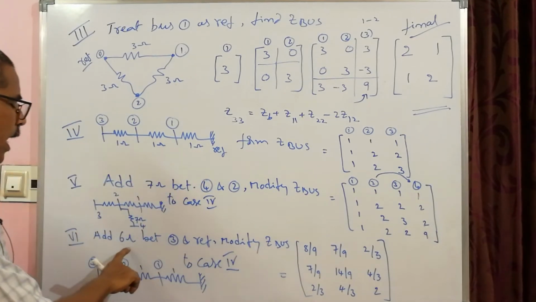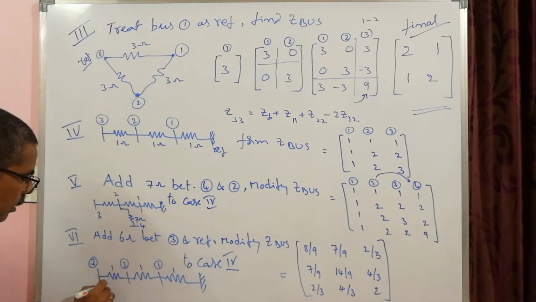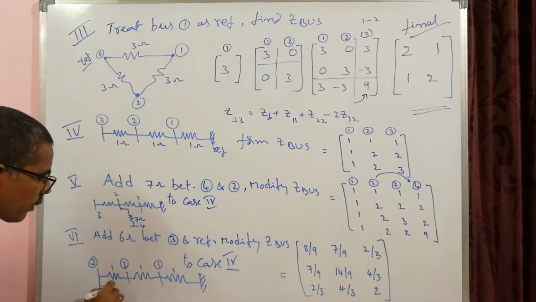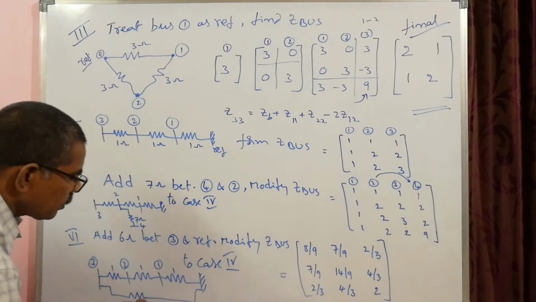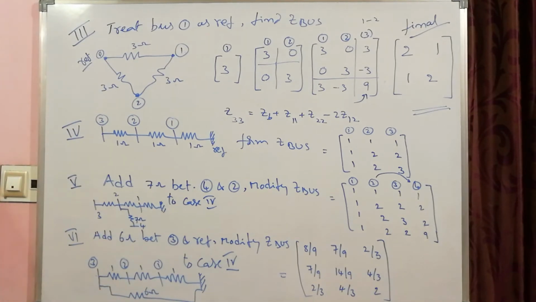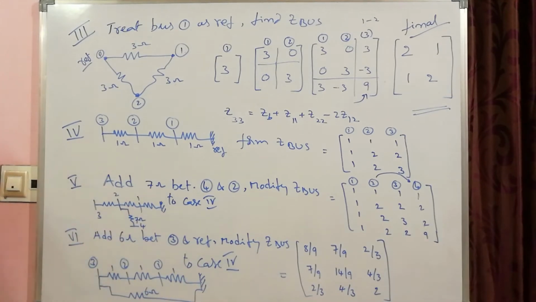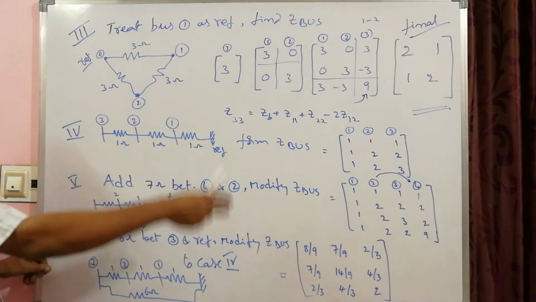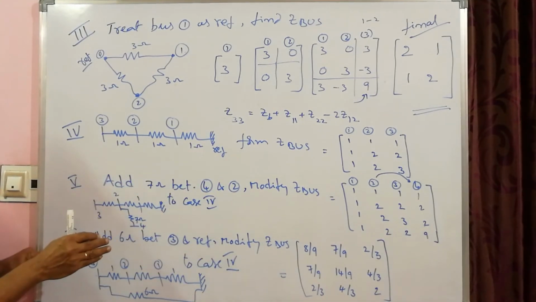You are asked to add 6 ohms between 3 and reference. So, this is 3 to reference, 6 ohms. That means it is to the existing bus to reference, you are adding 6 ohms. So, temporarily you will be getting a fourth row and fourth column, which is to be updated.